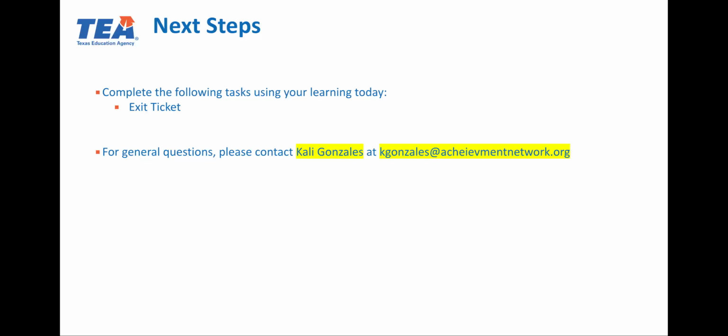When it says provider, please make sure that you scroll below ESC and find Achievement Network. That is who Bloom is connected to as the provider. Again, Achievement Network.